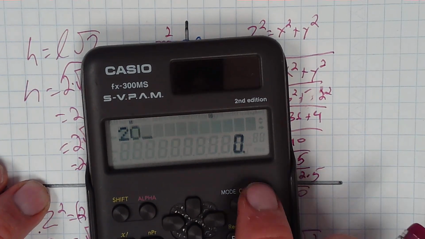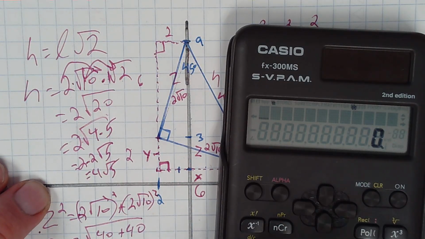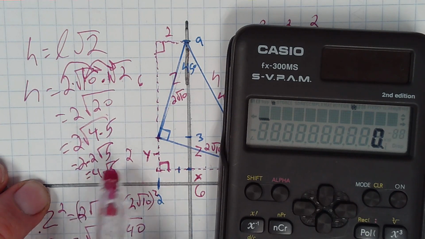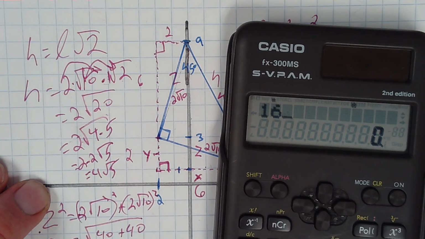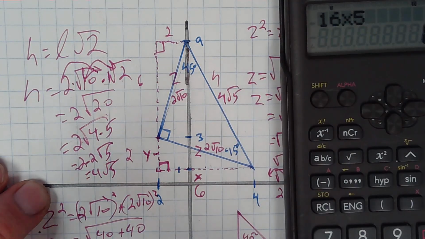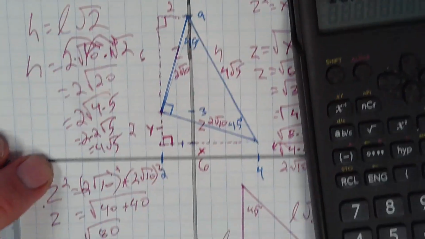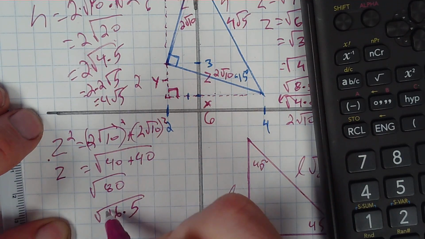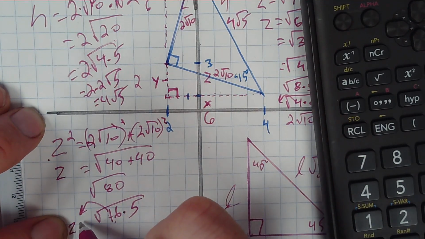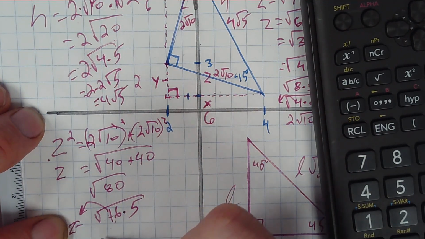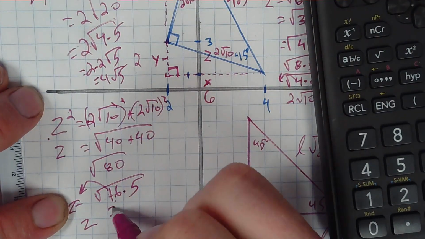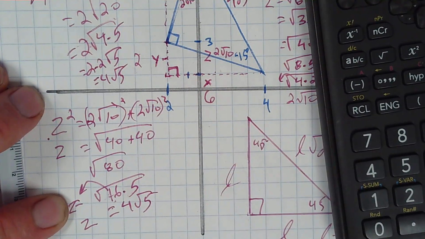Wait, 4 into there is 16. 16 times 5 is 80, yeah, so that's 16 times 5. That 16 is going to come out, so z equals 4 square root of 5.